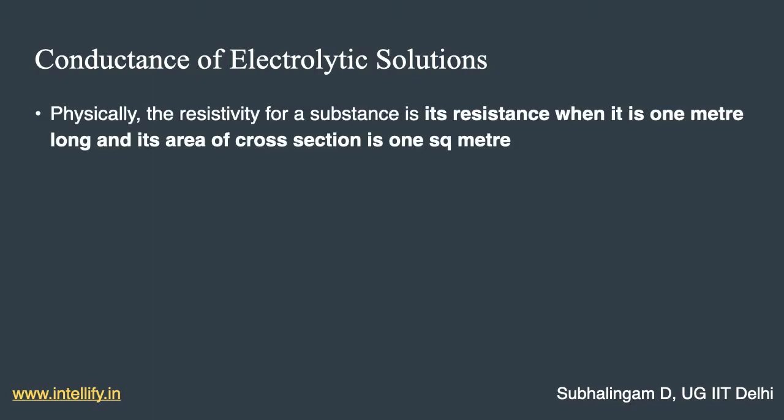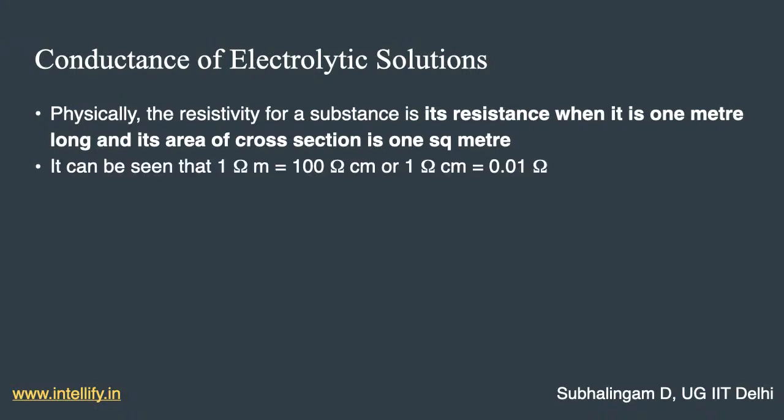Physically, the resistivity for a substance is its resistance when it is 1 meter long and its area of cross section is 1 square meter. It can be seen that 1 ohm meter is equal to 100 ohm centimeter, or 1 ohm centimeter is equal to 0.01 ohm meter.